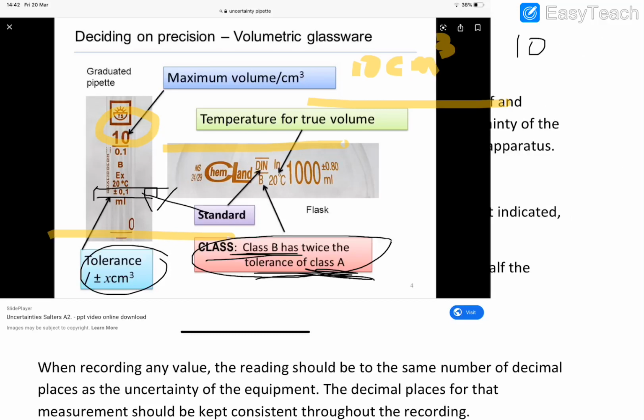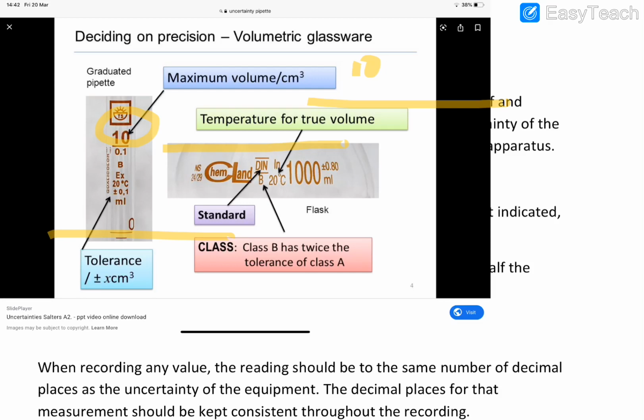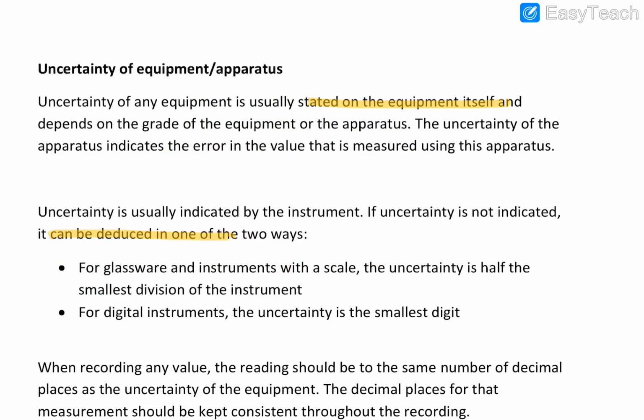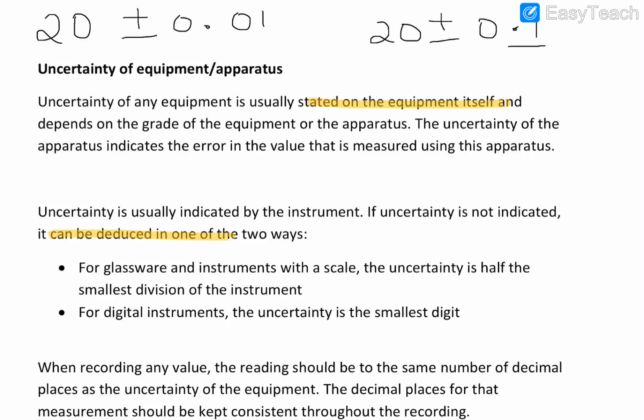So if an equipment has uncertainty of 20 plus minus 0.1, and I have another one, 20 plus minus 0.01, the first is less accurate.